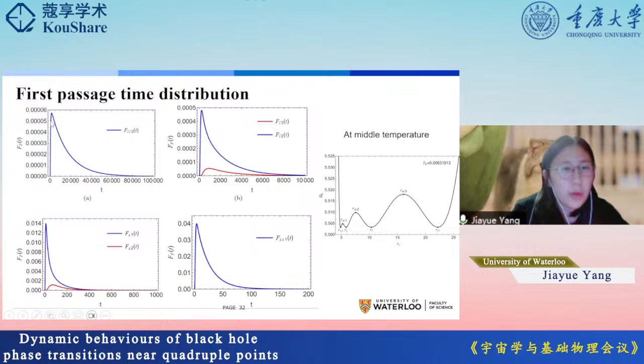So this means that the first passage time can capture the Gibbs free energy barrier here.